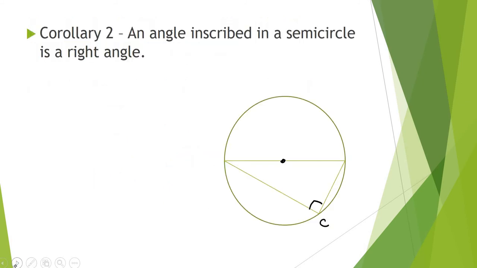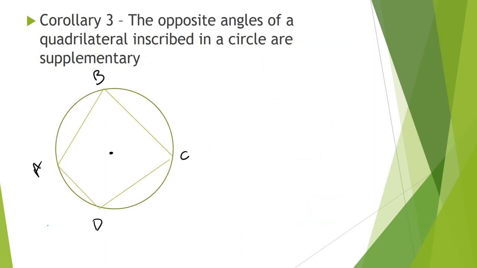Here's another one. An angle inscribed in a semicircle. Since this arc is half the circle, or 180 degrees, this angle that intercepts the semicircle is always a right angle, 90 degrees.